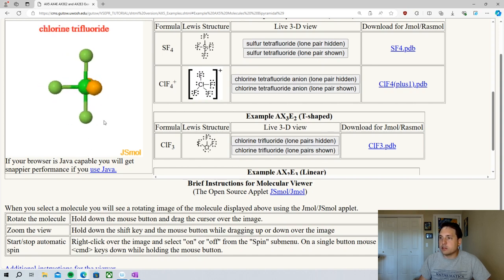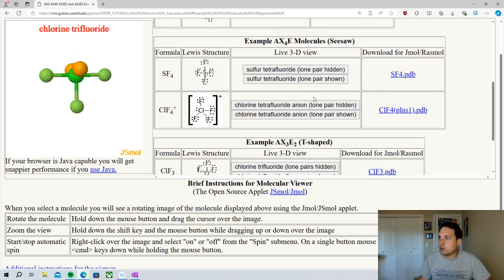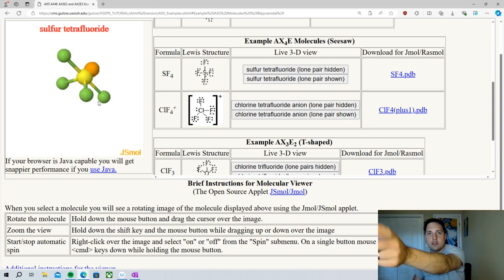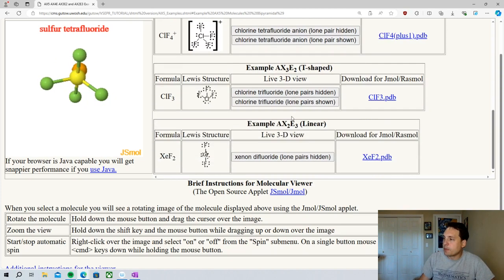And then we end up getting this interesting T shape here. So it looks like a T if we flip it this way. The last one was called a seesaw shape. And the reason why this is a seesaw is if you put it on the table, it'll seesaw back and forth. So if you push down on one end, it'll go back and forth like a seesaw.